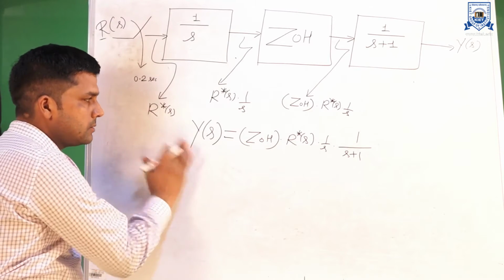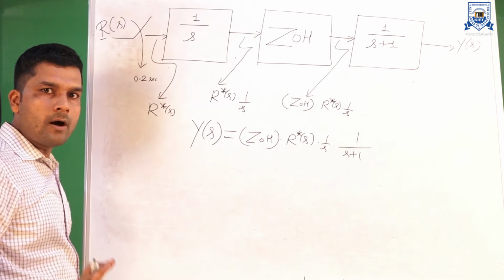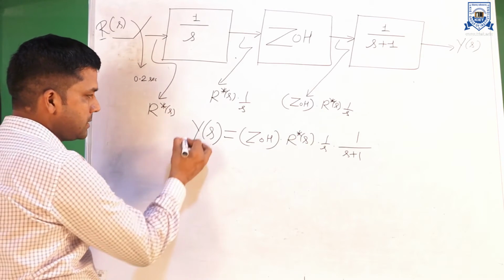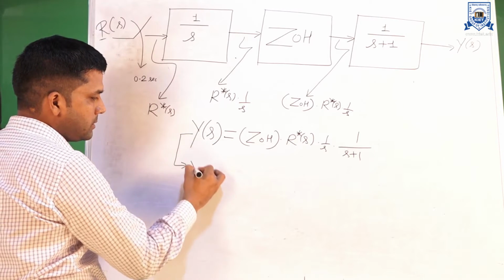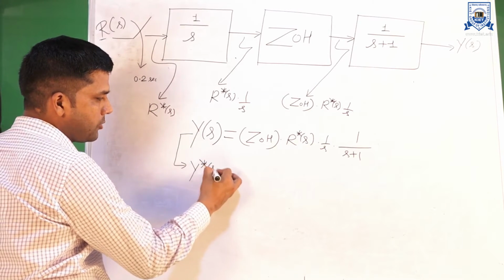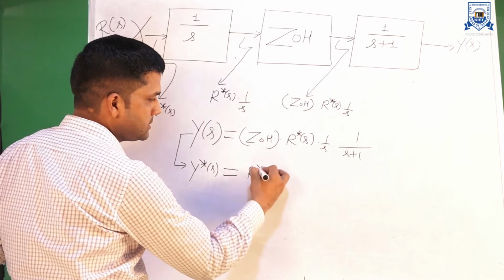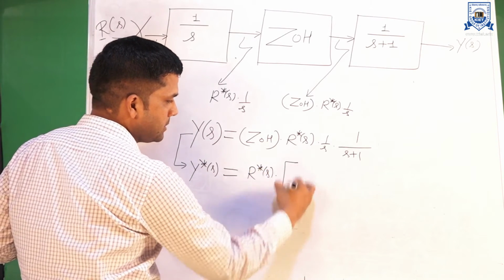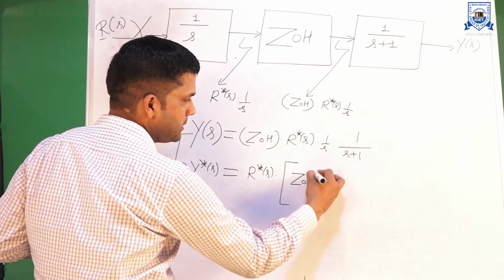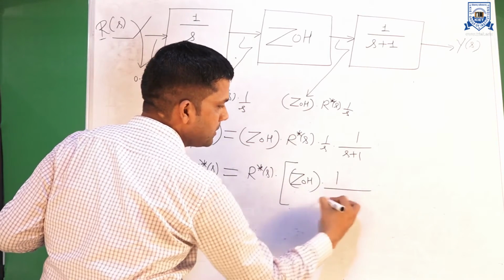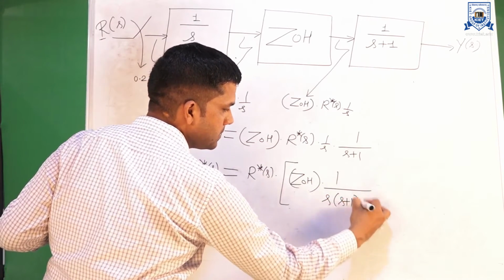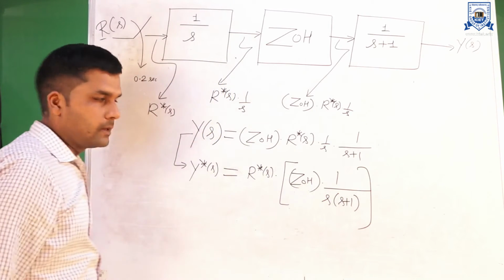Okay, so here we need only the output equation, Y(s). Now the sampled value of output is equal to R star(s) into ZOH into 1 upon s into s plus 1.